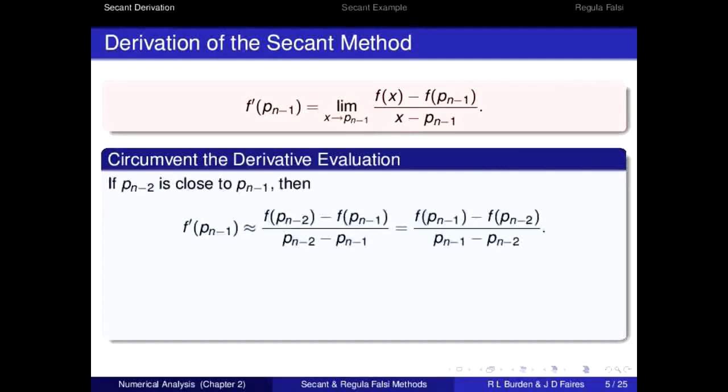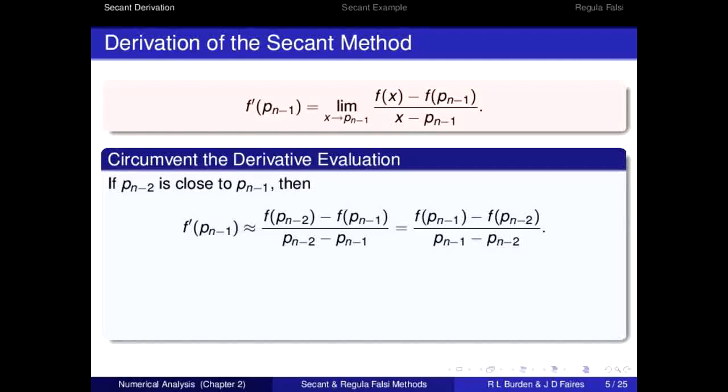Now we move further. If Pn-2 is close to Pn-1, then in substitution we just replace x with Pn-2.